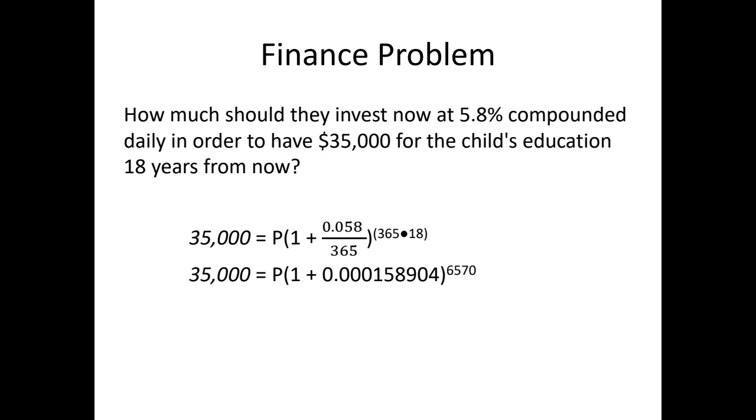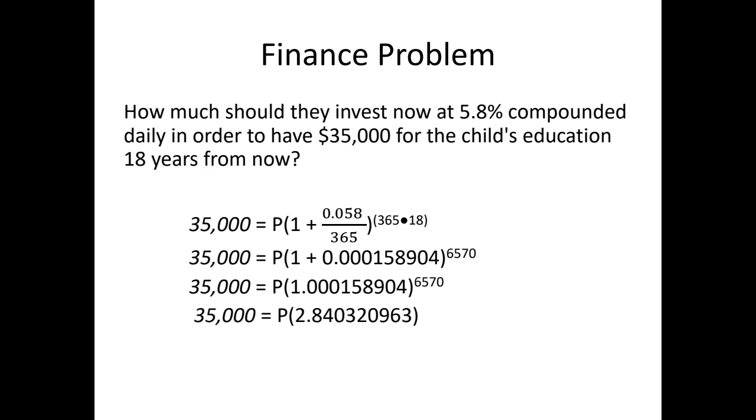Okay. So I add this number, I am going to get 1.000158904. Again, 365 times 18 gives me this value, 6,570. Okay, I'm going to take this value to that exponent value, and that gives me 2.840320963.